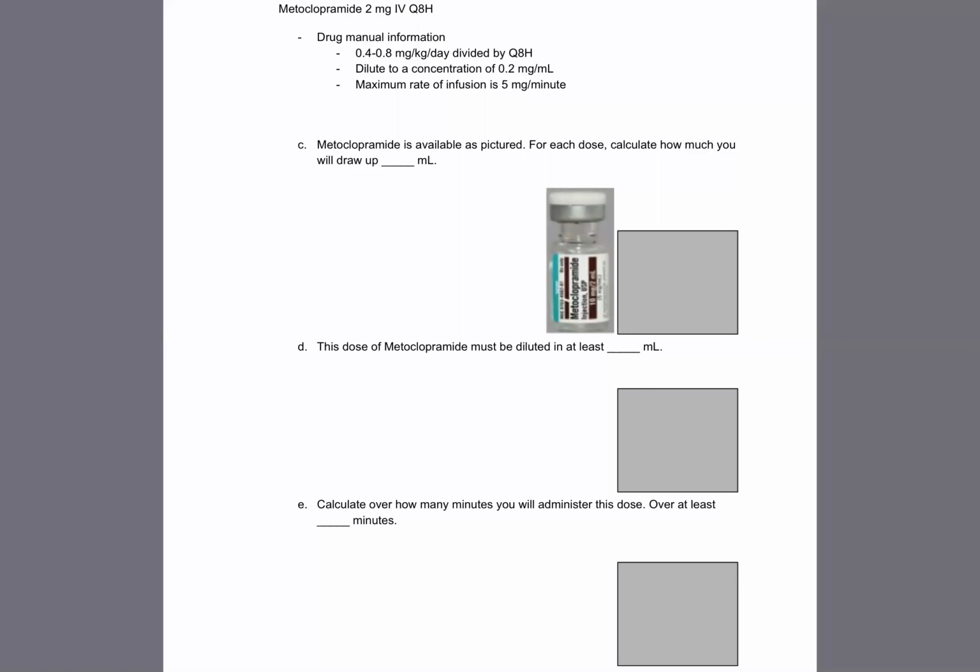Continuing with part C, same drug that we're talking about is metoclopramide. So metoclopramide is available as pictured, and as you can see, it's 10 milligrams per 2 mLs. For each dose, calculate how much you will draw up in mLs. So the units that we're looking for are mLs. And the order is 2 milligrams. The availability is 10 milligrams per 2 mLs.